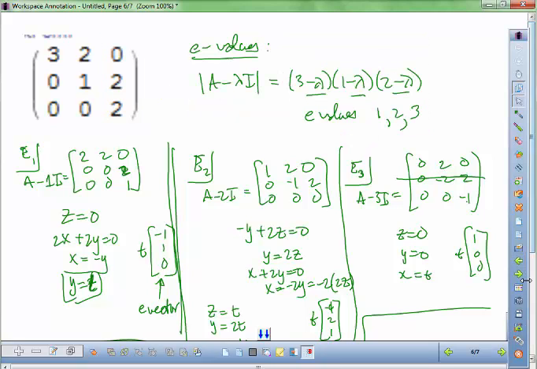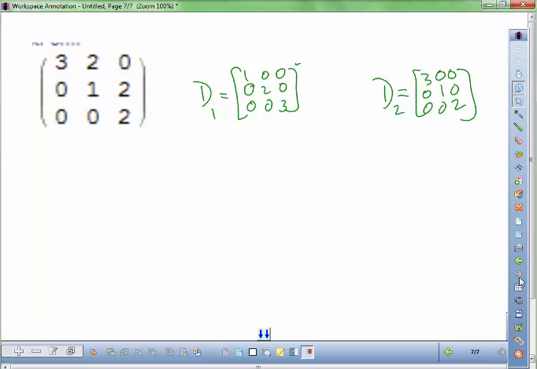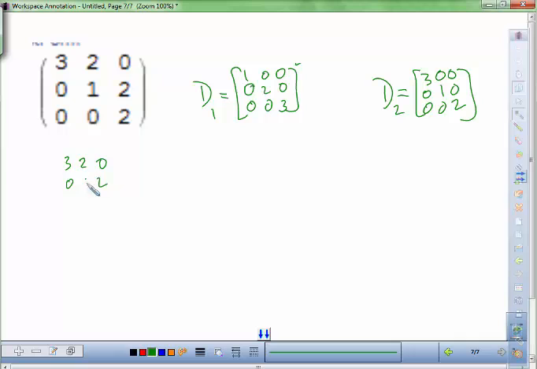They're similar, which means there is an invertible matrix that can transform this into D. So we should be able to write 3, 2, 0, 0, 1, 2, 0, 0, 2. That means we should be able to find an invertible matrix P so that this equation will be true.